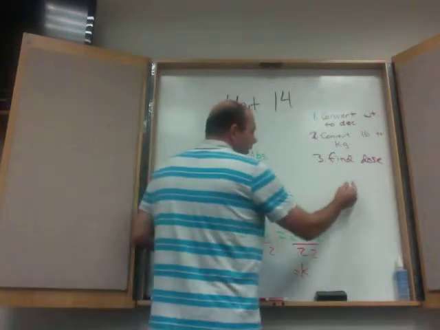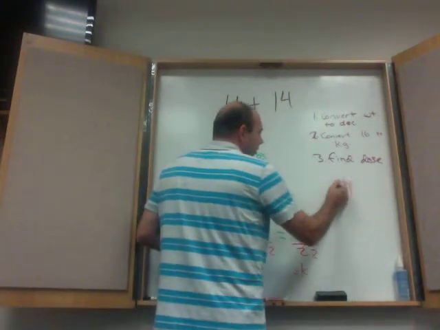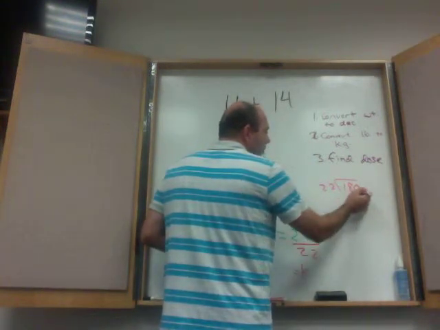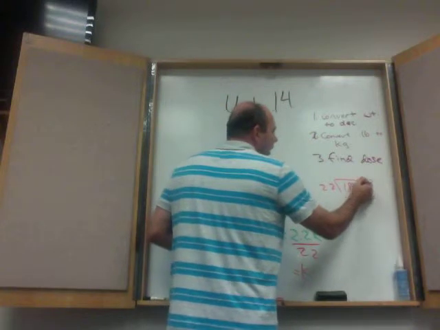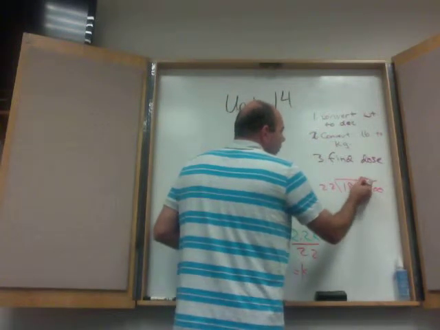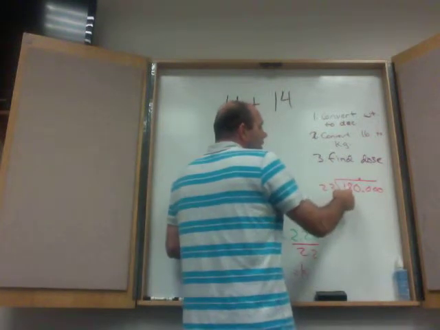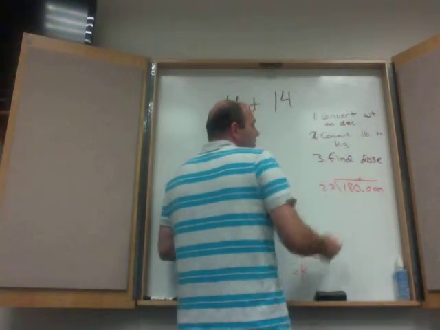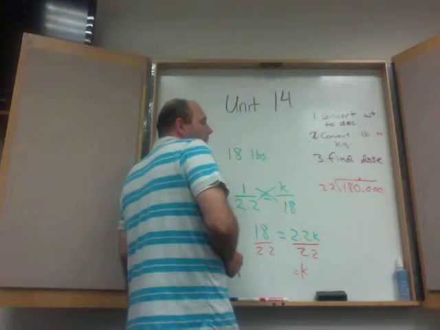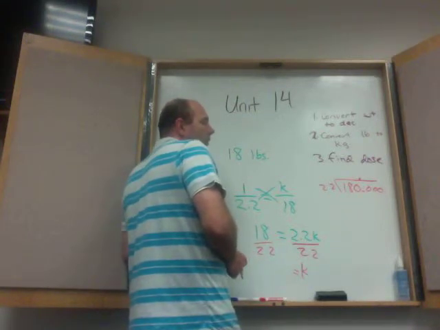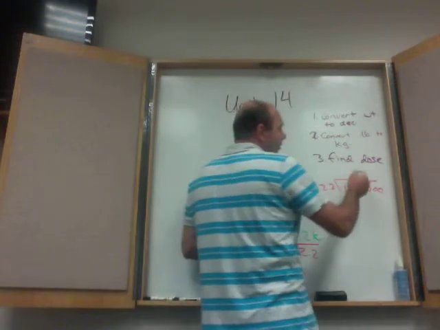And let's just do that over here. 18 divided by 2 2/10, I'm going to have to move my decimal, move my decimal. 22 goes into 180, let's see, maybe 8 times.